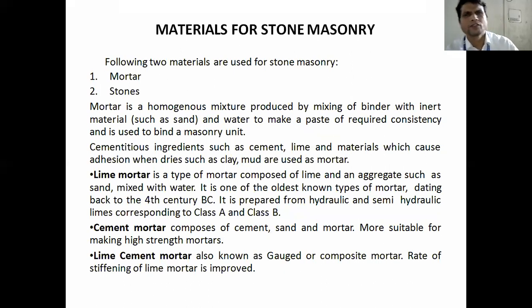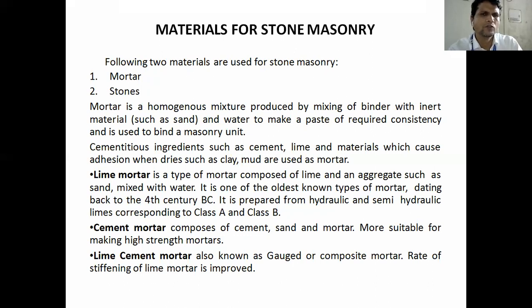First we discuss stone masonry. In stone masonry, materials used are mortar and stone. Generally, stone masonry was used in ancient times, or when the development of bricks was less.